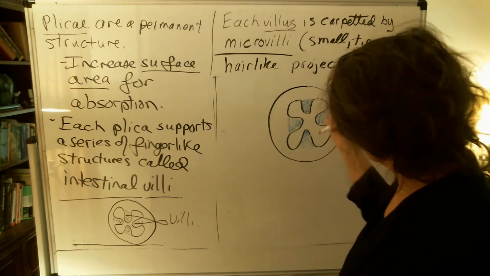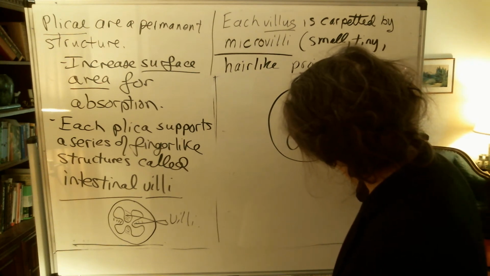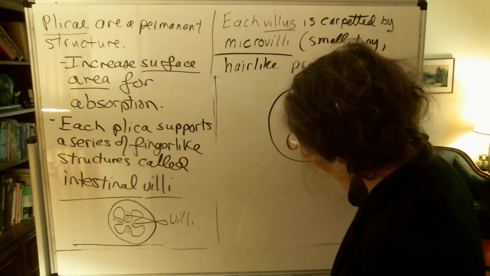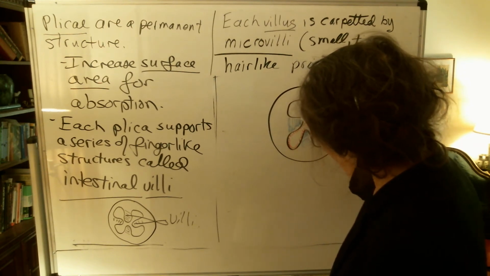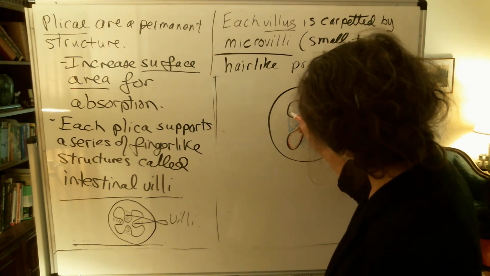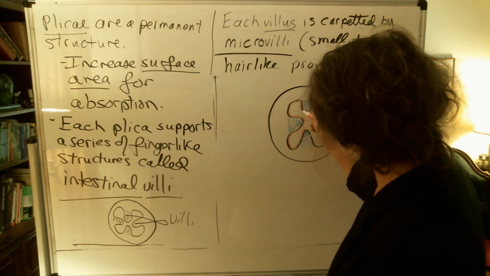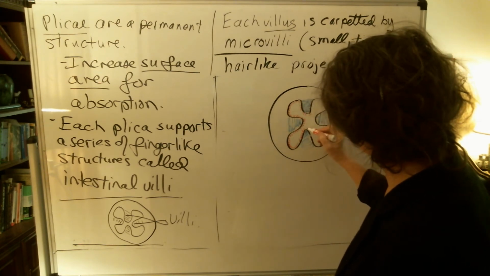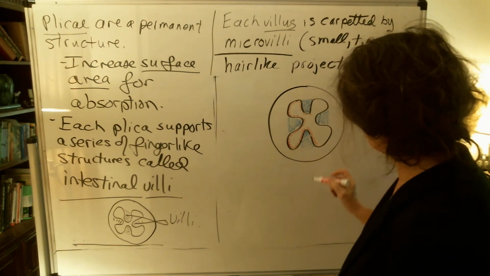But then, projecting off of the villi are teeny little hair-like things. It winds up looking sort of like velvet or like a carpet that has really short fibers sticking out. I'm not going to draw all of them, but you get the idea then.